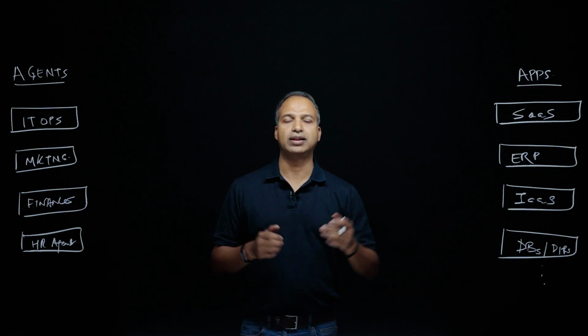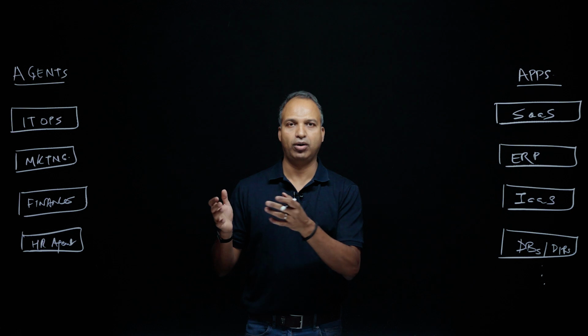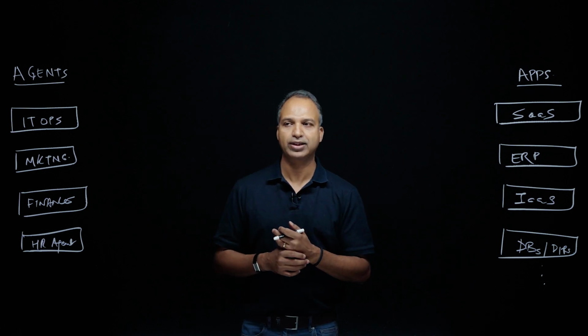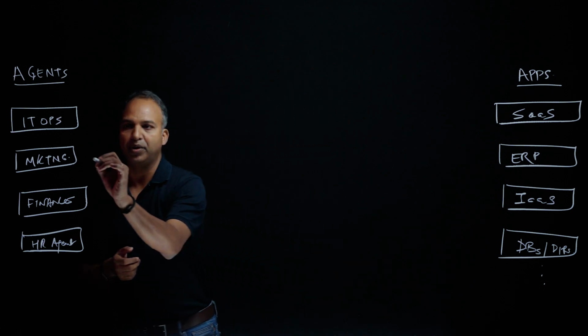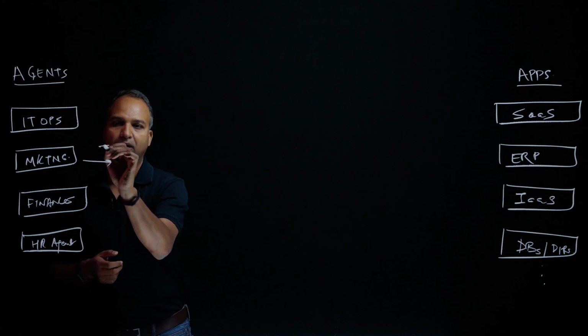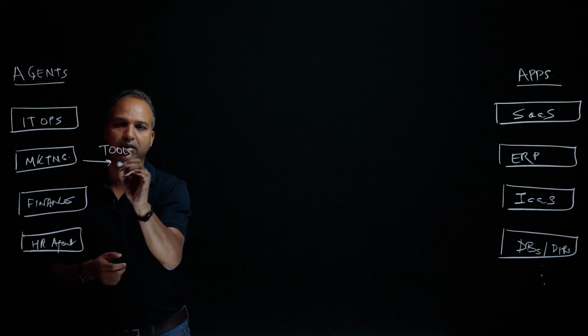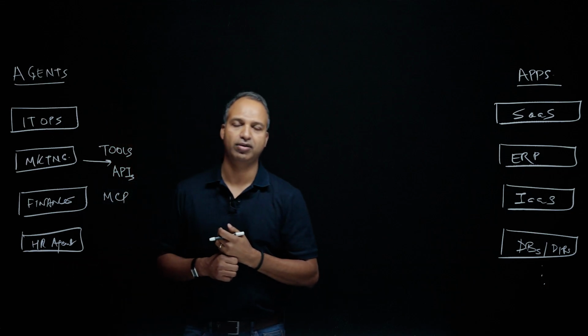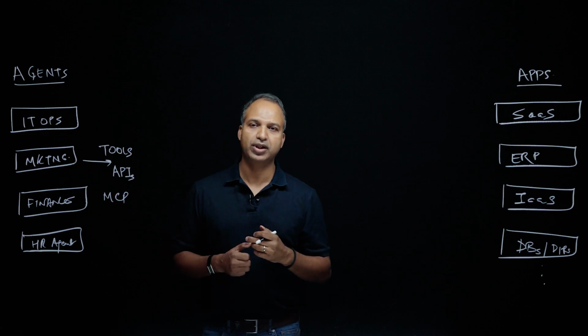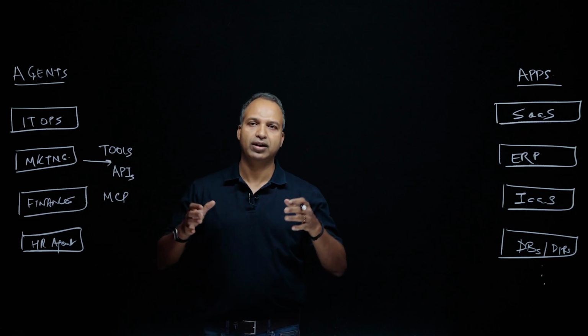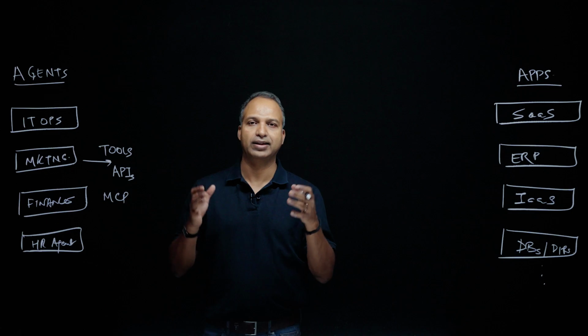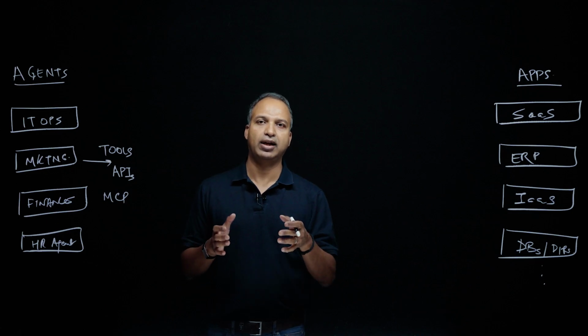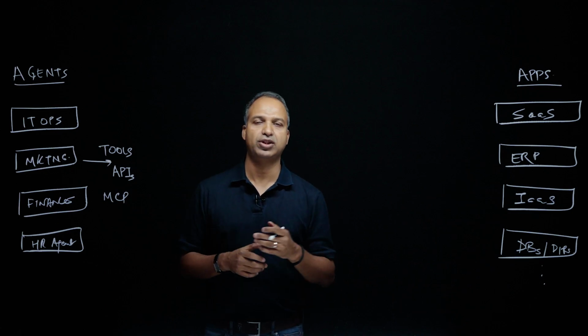Now, as these applications are getting consumed by agents, the agents are going to interact using tools, APIs, MCP interfaces or model context protocol interfaces. So, the question is, how do you define a security policy which gets enforced in real time for every agentic transaction happening?